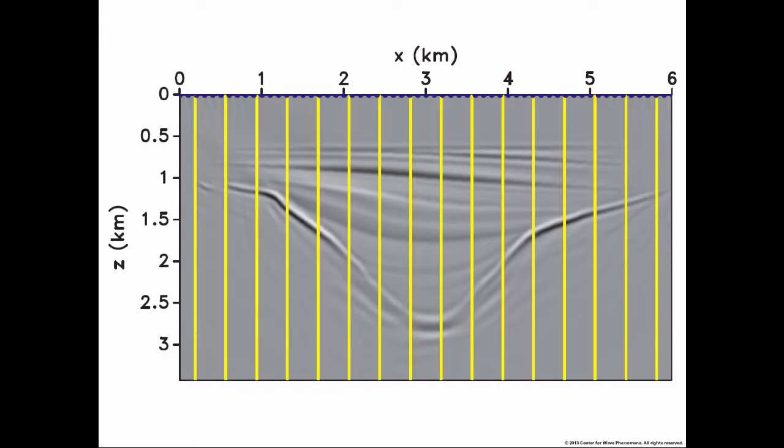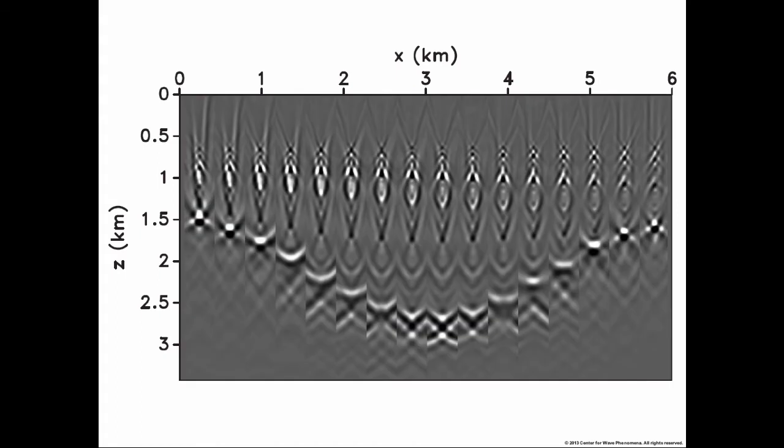So to understand the velocity error, we can take a look at the extended images. Here I'm showing you space-lag gathers. You can see for the first couple of space-lag gathers that the last event, the top of salt, is well focused, whereas as we move down into the basin, it becomes defocused and over-migrated.